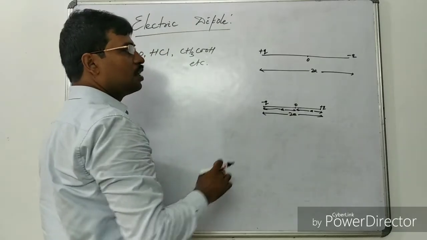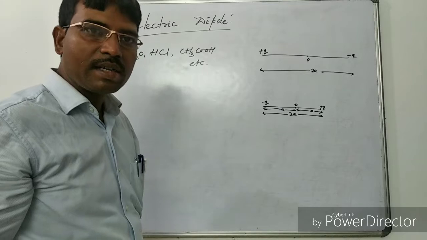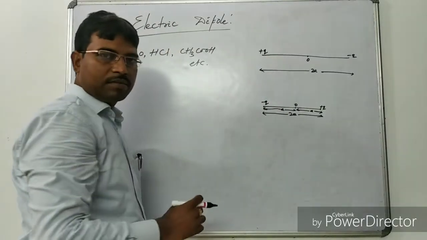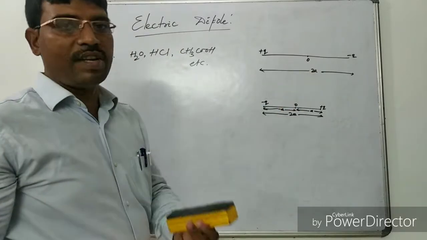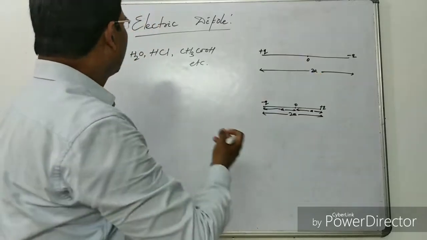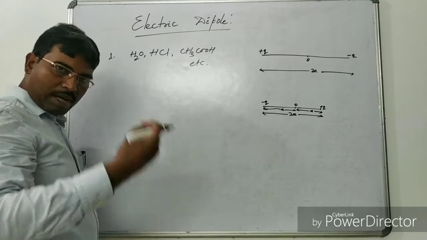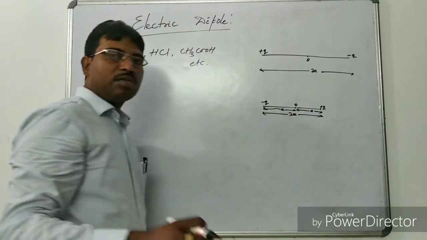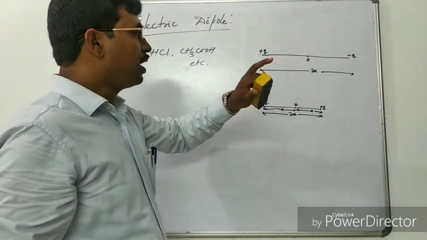Now the question is, 2a is more simple, well defined and easier. If you take a, it is not convenient. So if you take 2a, it is convenient. To solve numericals, if you take 2a, it becomes easier, more convenient and well defined.